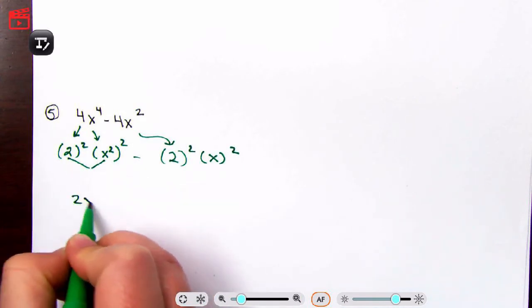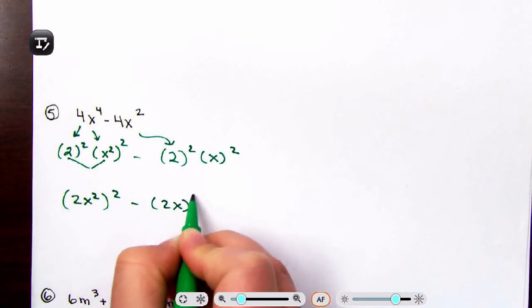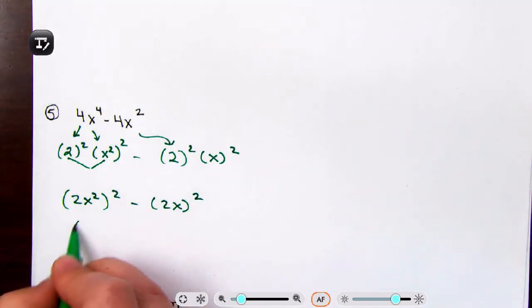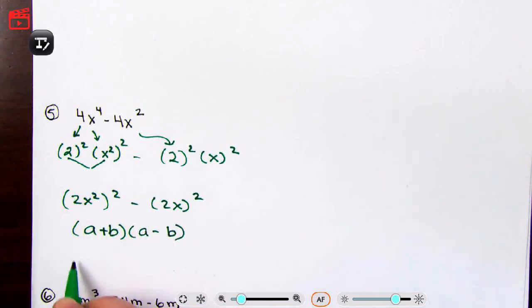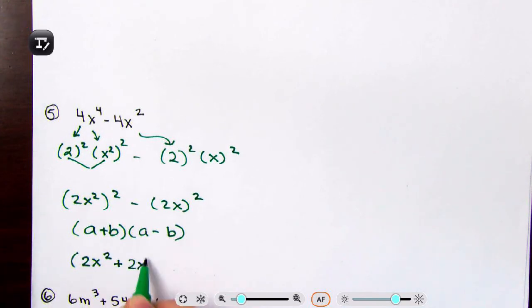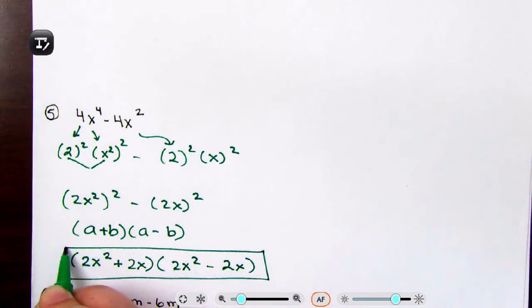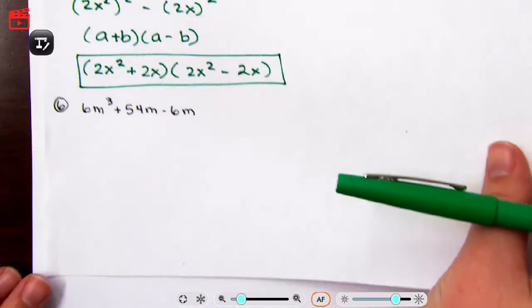So I have 2x squared, squared, minus 2x squared. Now we have a plus b, a minus b as our factors. So I have 2x squared plus 2x times 2x squared minus 2x. Here is our answer.